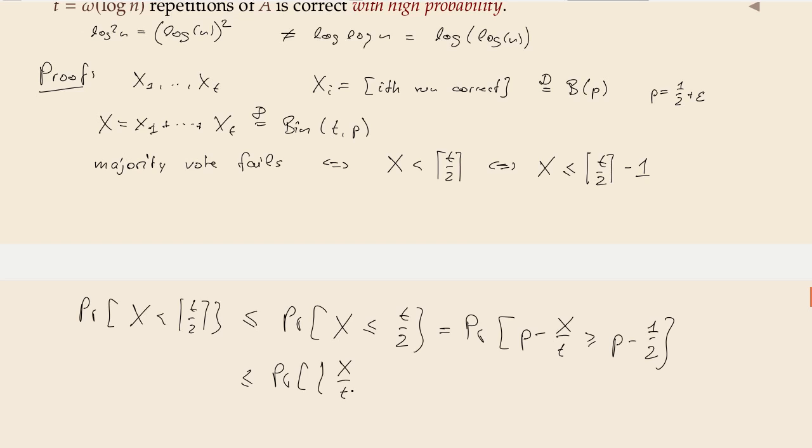Then again, on the left-hand side, we take absolute values. Okay. And if this is greater than p minus 1/2, so this only makes the requirement weaker, and thus the probability greater.